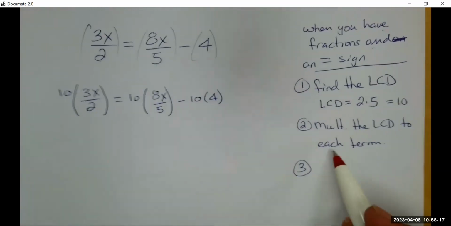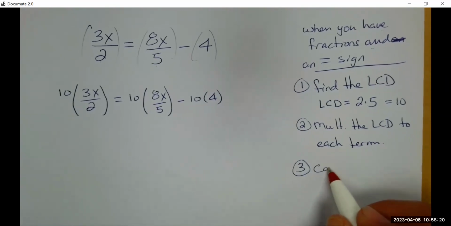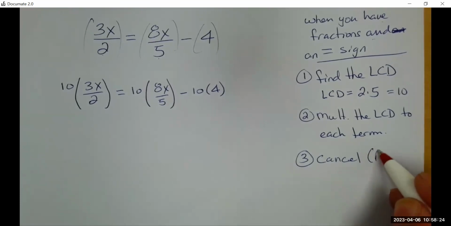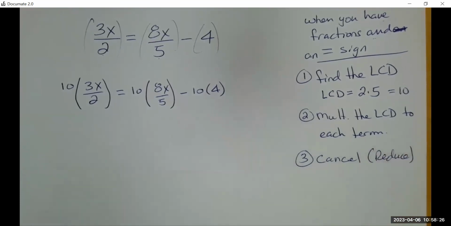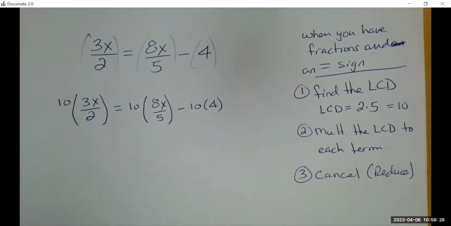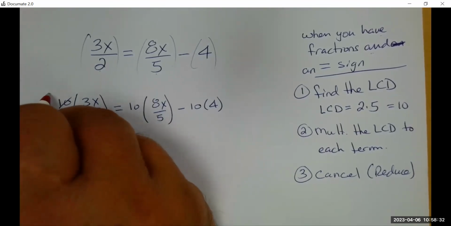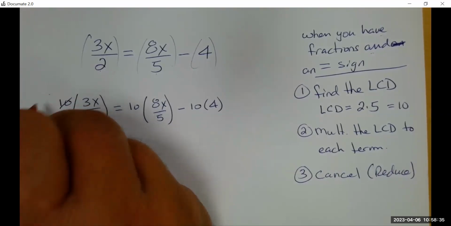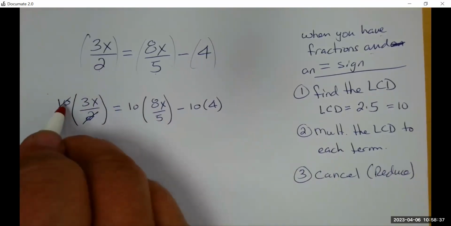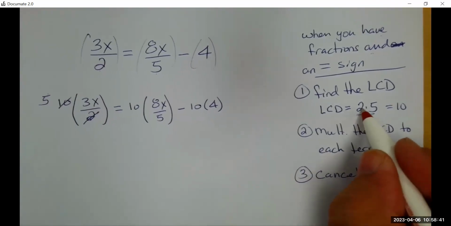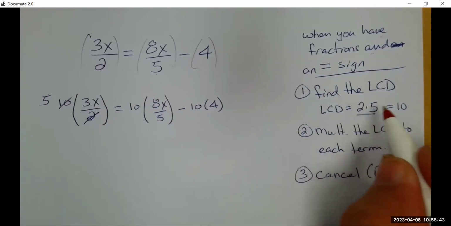Third step, once you multiply them, cancel or reduce. 2 goes into 10 how many times? The 2 on the bottom goes into 10 5 times. If I get rid of the 2, I have a 5 left over.